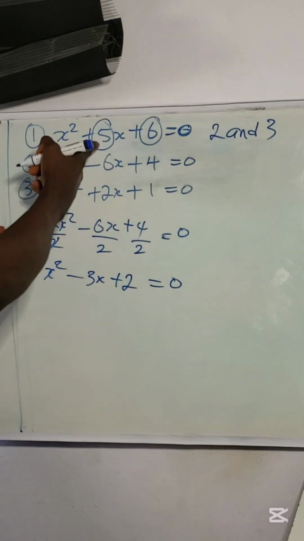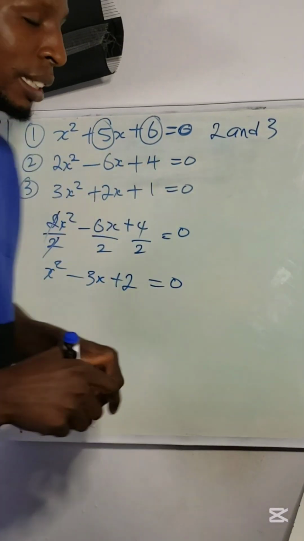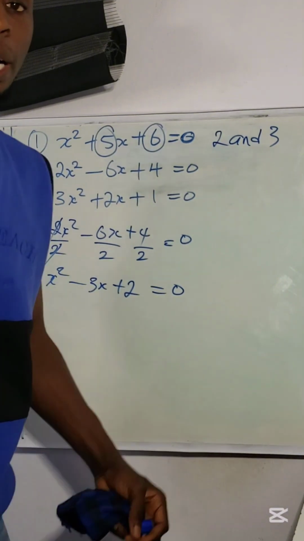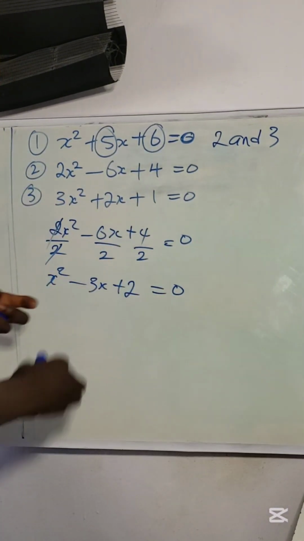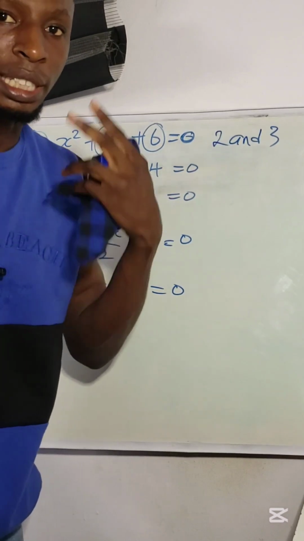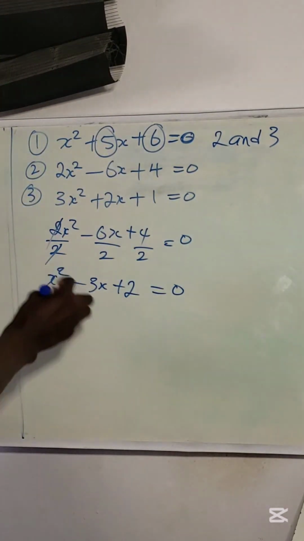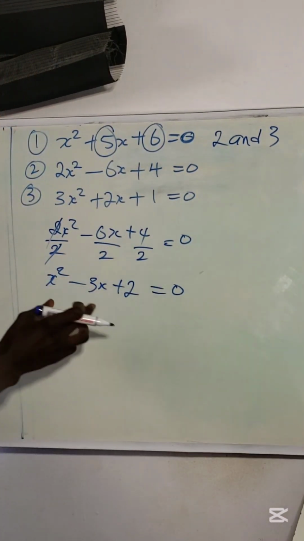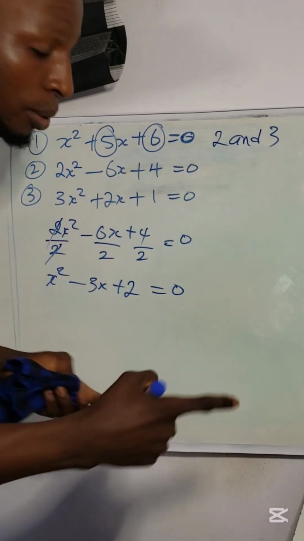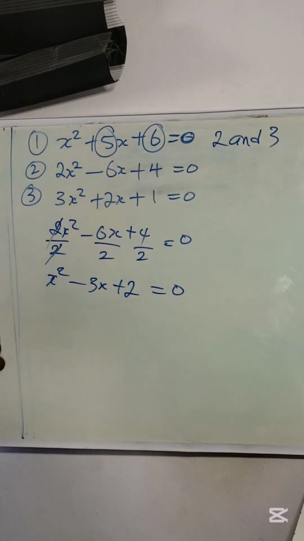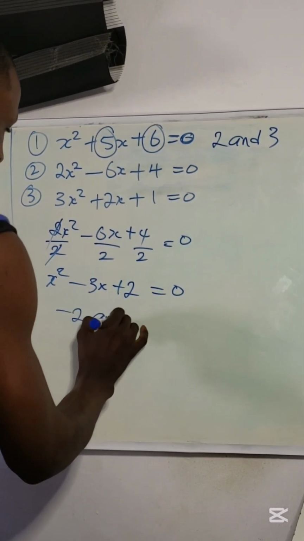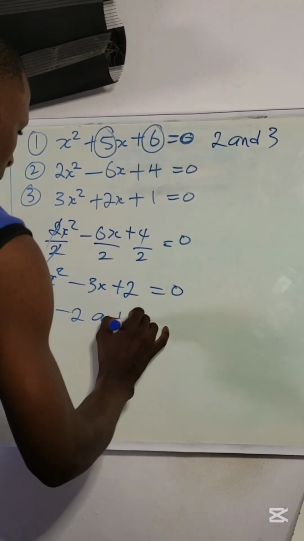Now you can think of two numbers that if you add them together, you're going to have minus 3, and when you multiply them, you're going to have 2. As a math student, you should know how to think very fast. Those two numbers are minus 2 and minus 1.